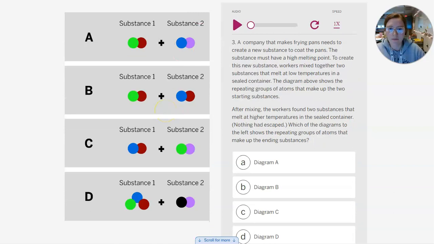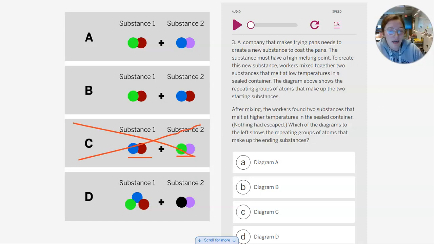Down here, if I know they have to be different, which one can I immediately get rid of because it has a green and a purple or a blue and a red? That's right here, number C. Green and a purple, blue and a red. They've just traded spots. So I know it cannot be C.